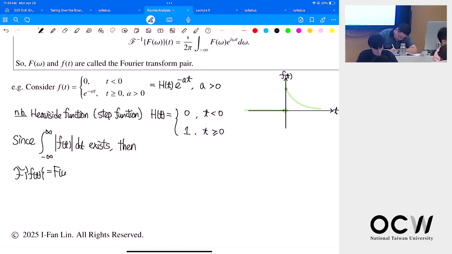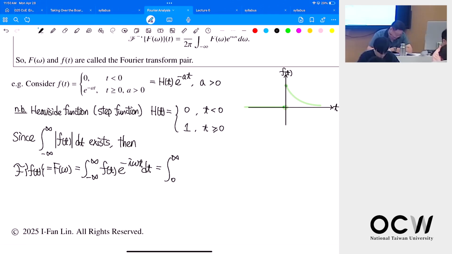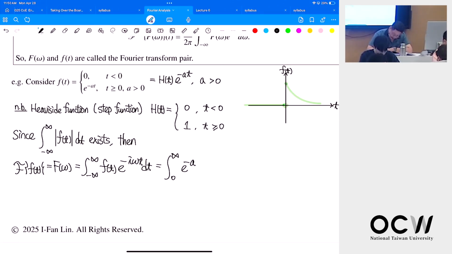So this is a Fourier transform. I have a function times e to the minus i omega t dt. I don't have a value when time is less than 0, so integration from 0 to infinity of e to the minus a t times e to the minus i omega t dt.